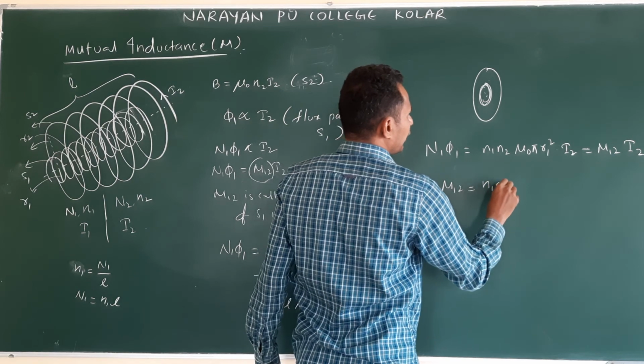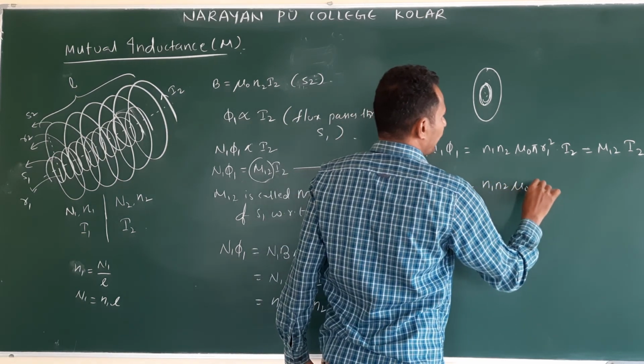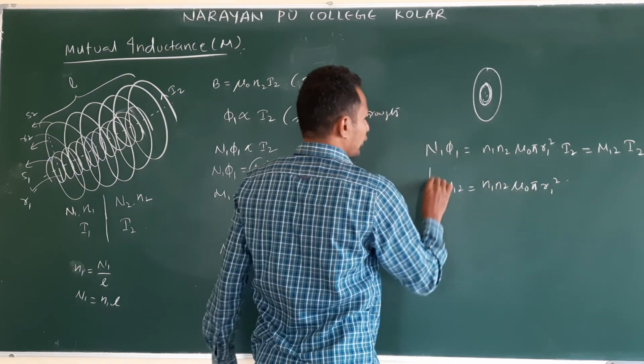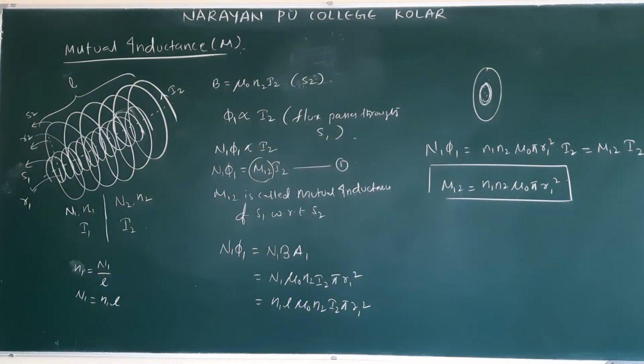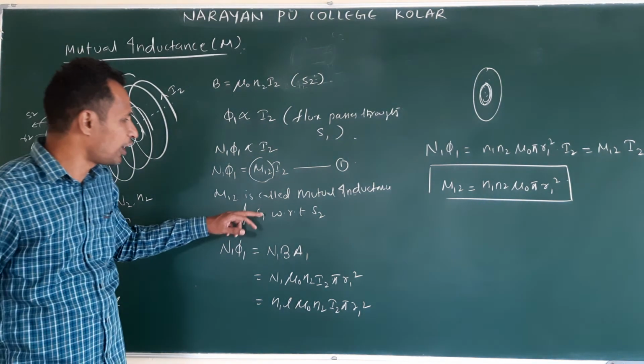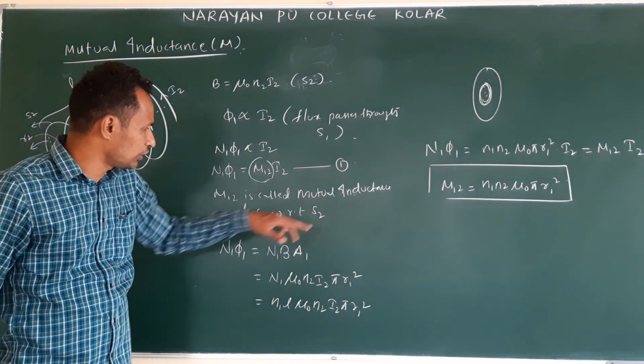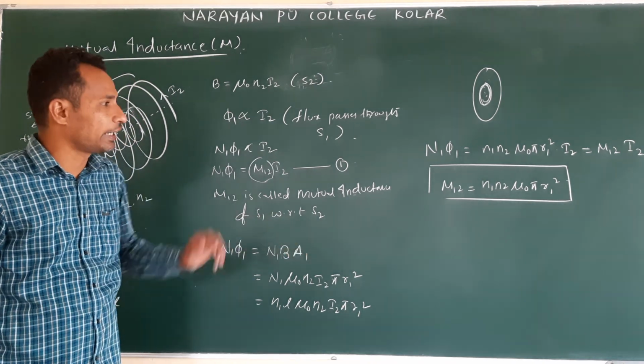M12 is equal to mu naught n1 n2 pi r1 square L. So this is called mutual inductance. This is the mutual inductance of S1 with respect to S2.